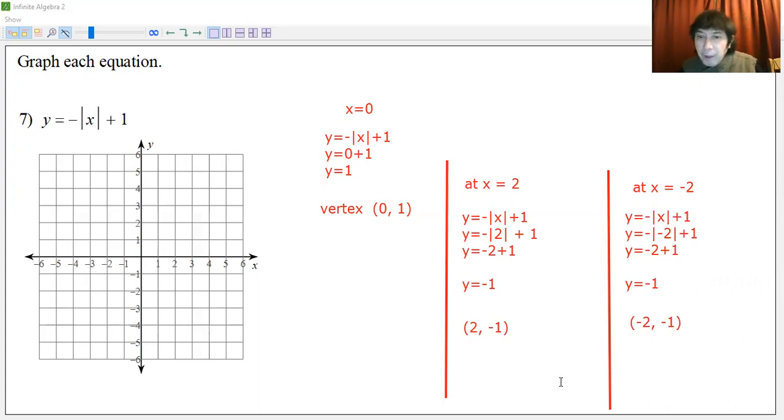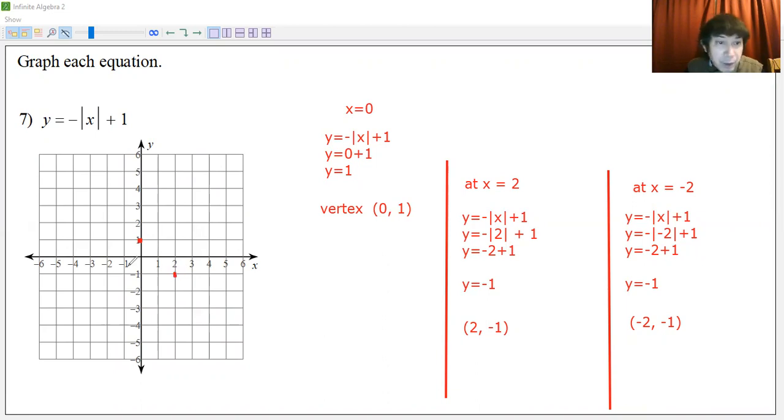There. And we're now ready to draw our graph starting from the vertex 0, 1, which is located just above the origin. There, you can see the red point I'm making there. And then our second point is positive 2, negative 1. That is at the fourth quadrant there.